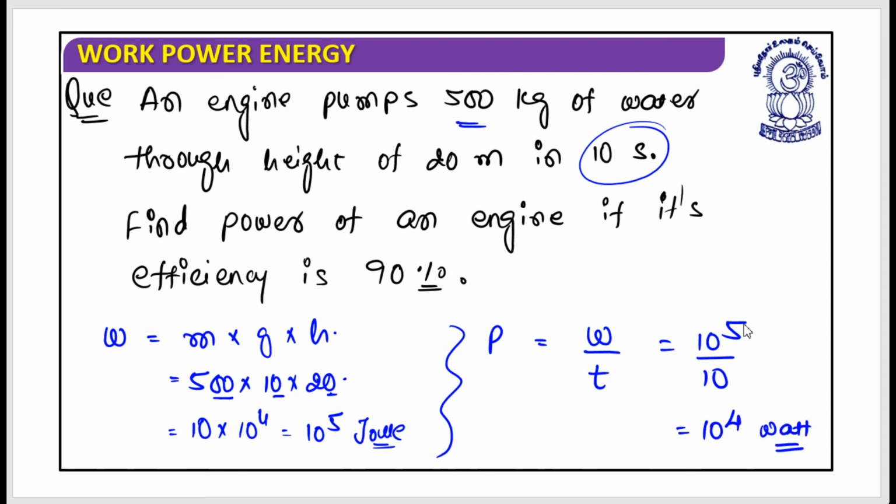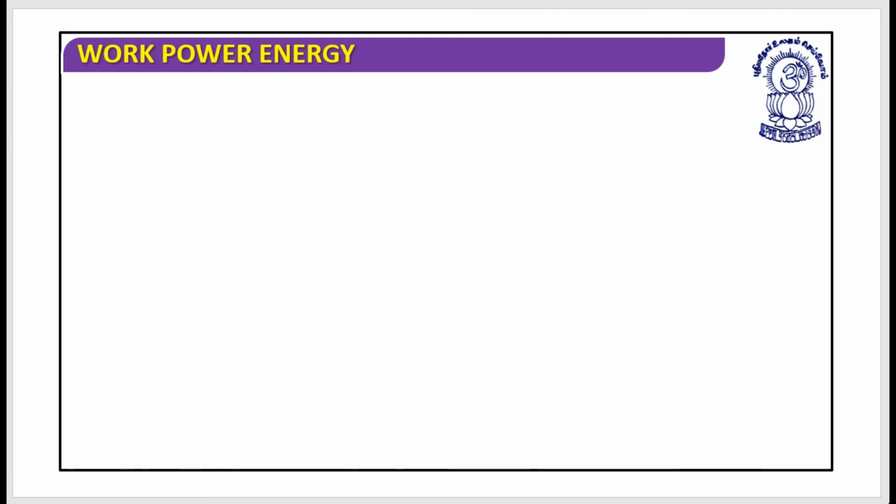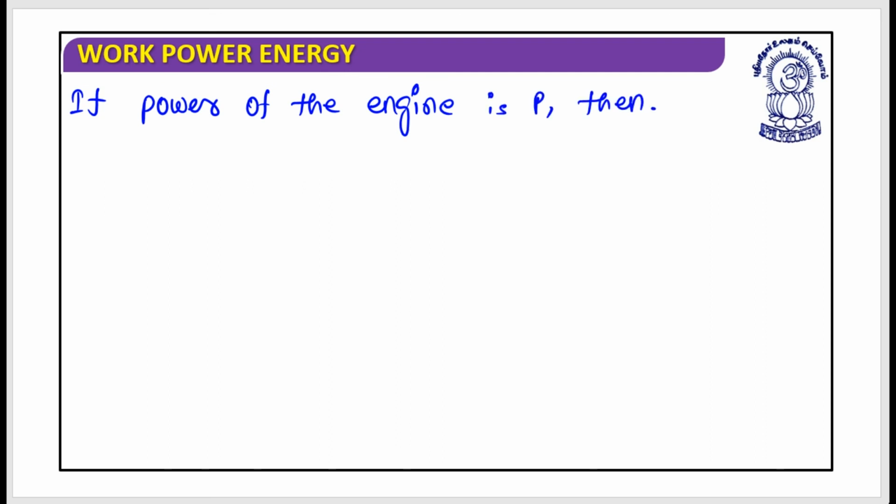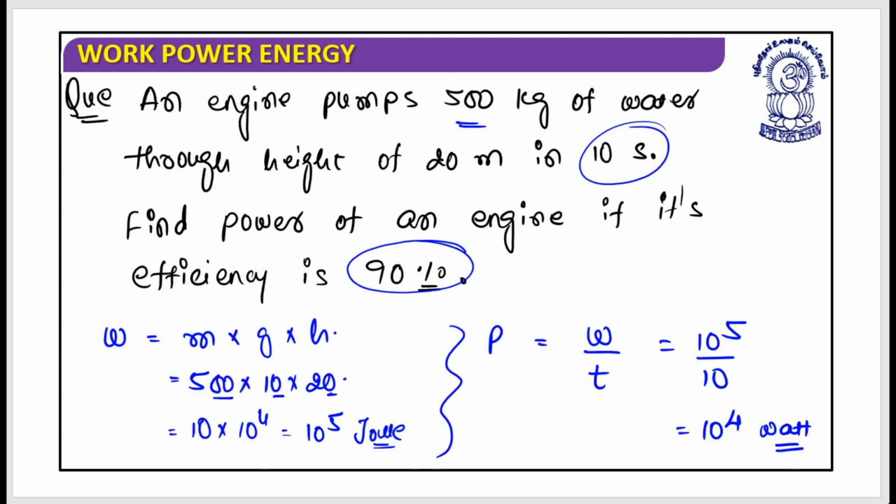Now they have given that this engine has an efficiency of 90 percent. So if the power of the engine is P, then P multiplied by the efficiency, 90 divided by 100, is equal to 10 to the power 4 watt.